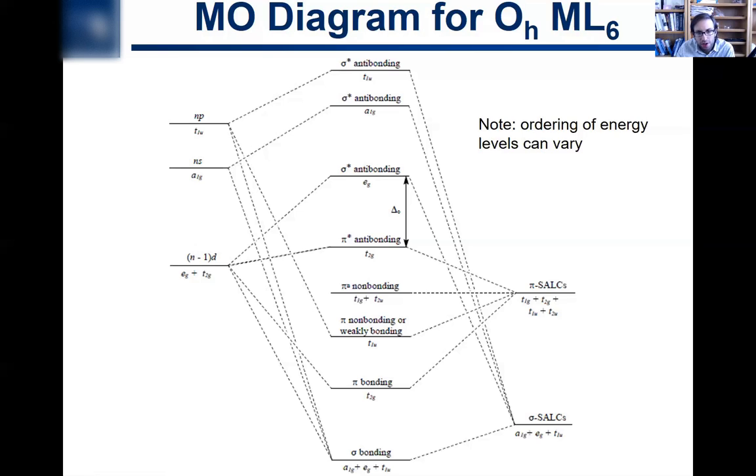What I just want you to know is that the spectrochemical series is complicated to rationalize. It comes from the individual MO diagrams for all of the ligands and how the energies interact when you mix them with atomic orbitals of a metal.